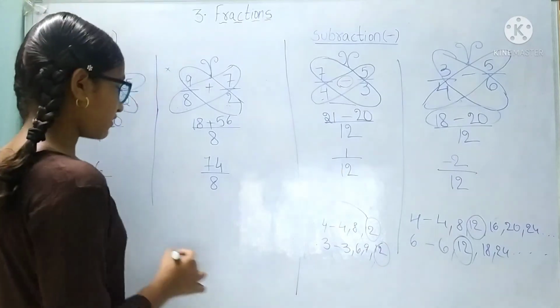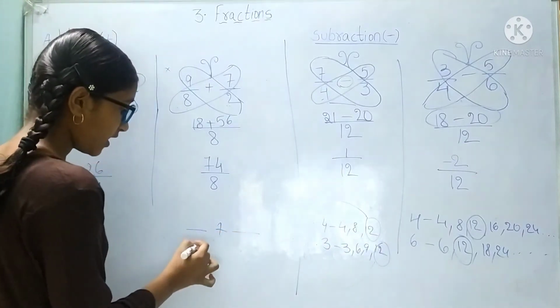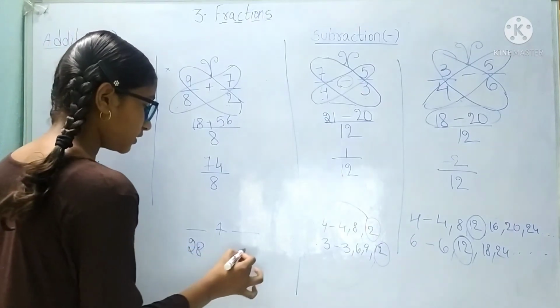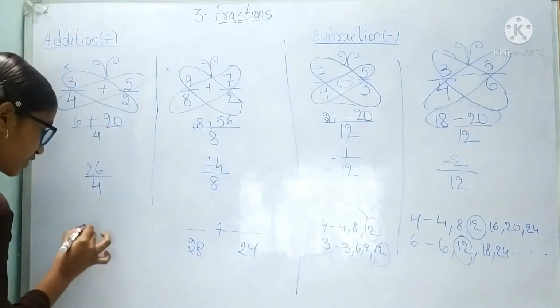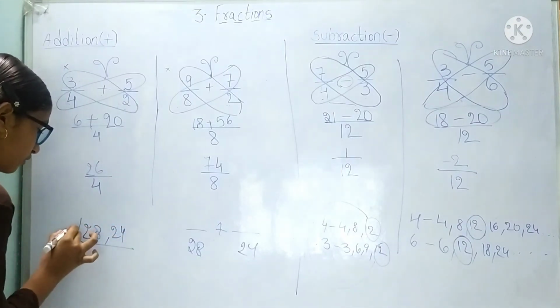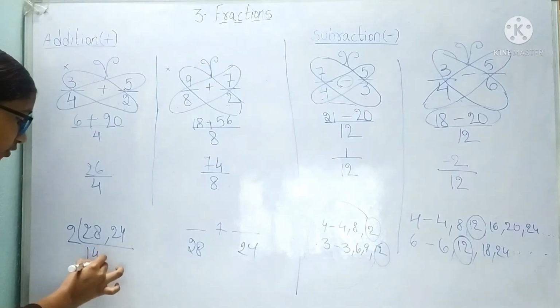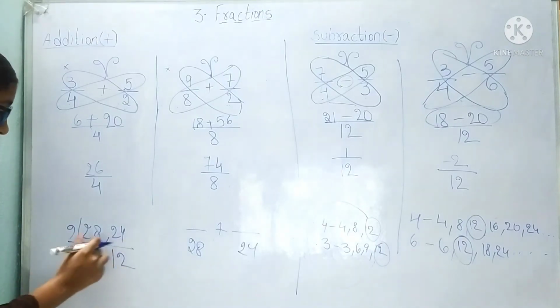Suppose we have in the denominators 28 and 24. Then we have to do like this: 28, 24 and 2. 2 14s are 28, 2 12s are 24.